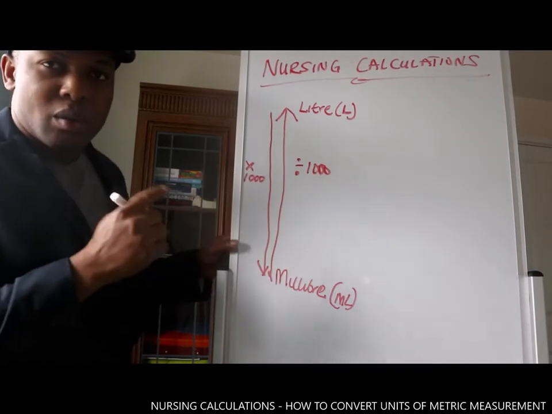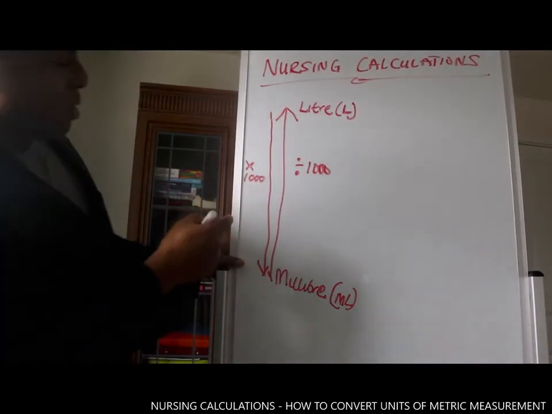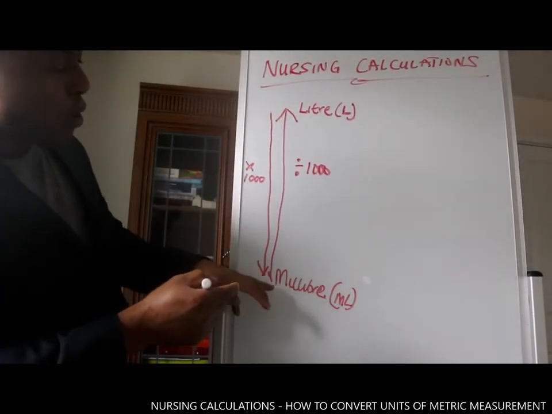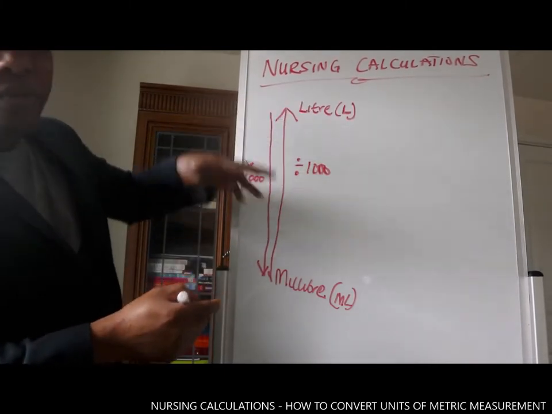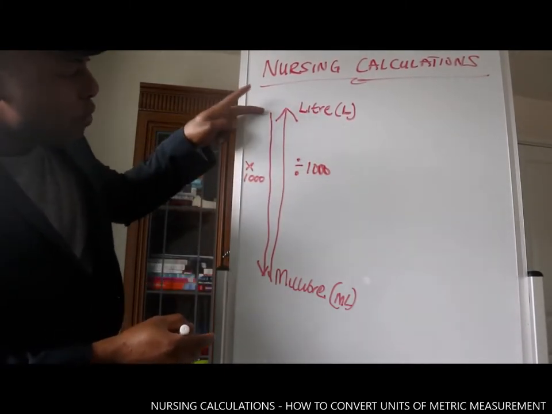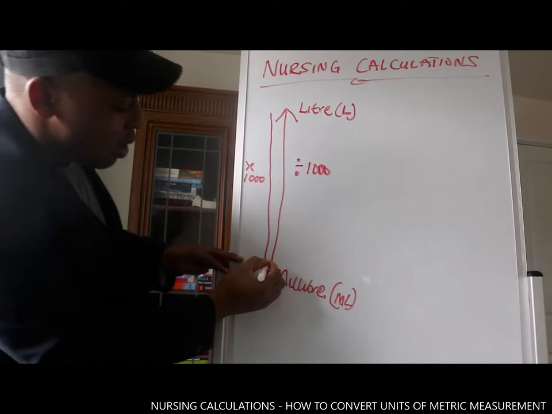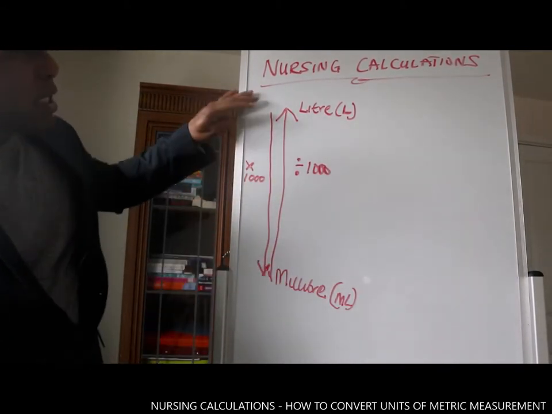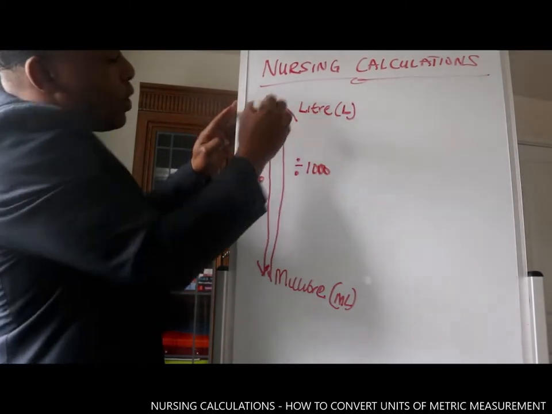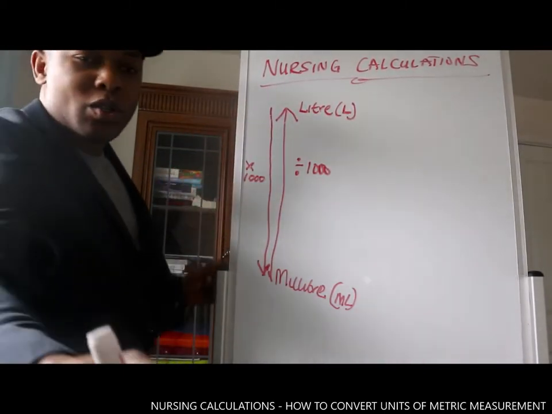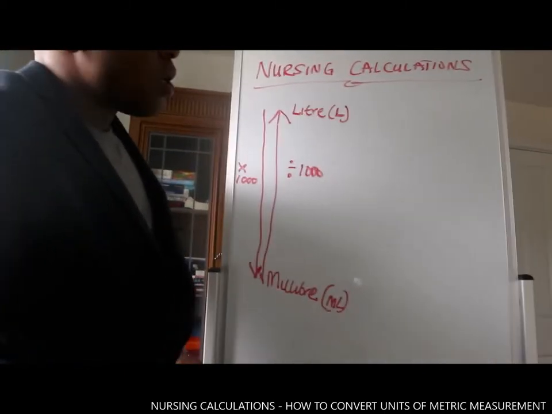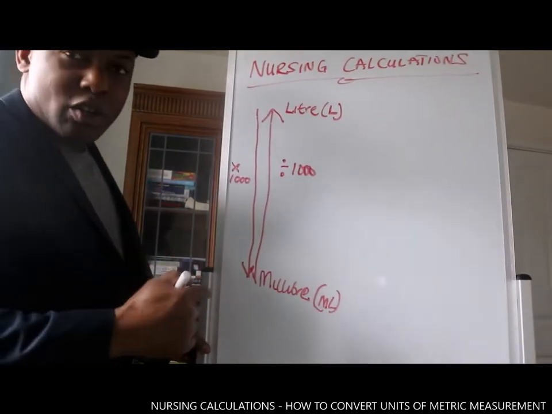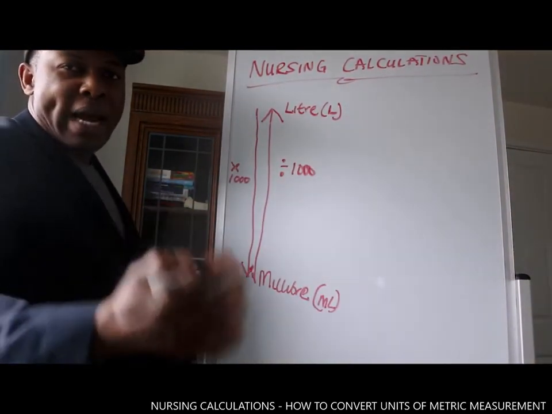So just bear this in mind. You can see the arrow going from small to big, you divide. Going from big to small size, you multiply by 1,000. This is in terms of fluid. Now you might also be asked this conversion for weight.